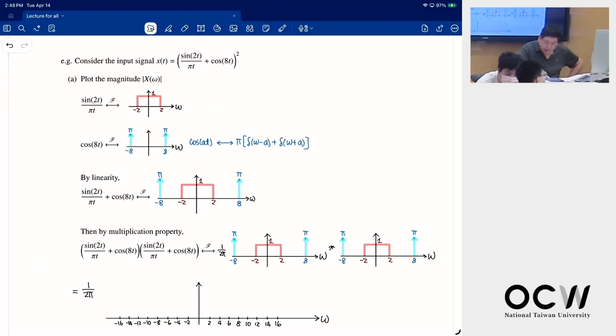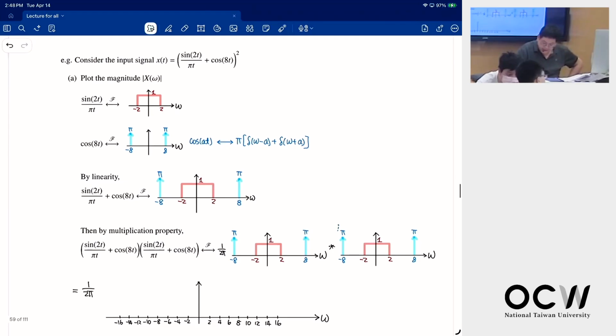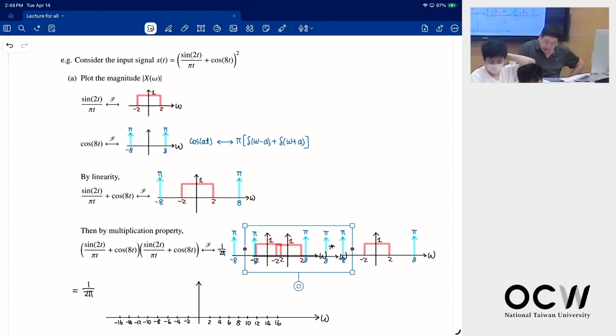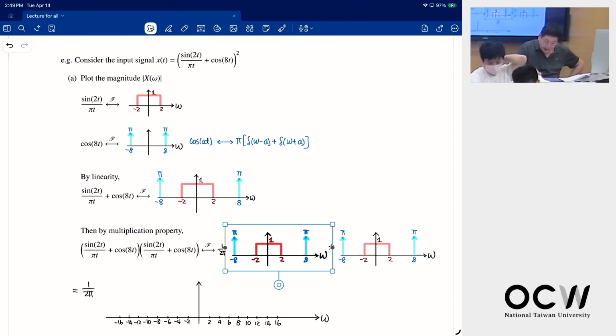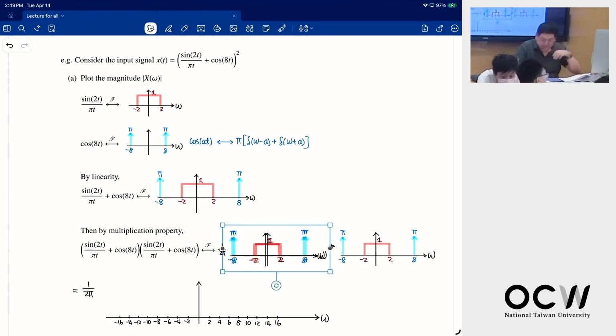So when you convolve this, let's see. Okay, so you flip, and then, well, actually, this is at 0, right? At 0, I will have what? When you do the convolution at 0, I need to find the area. So the area is 4 plus pi times pi twice. And then first you shift to the right.